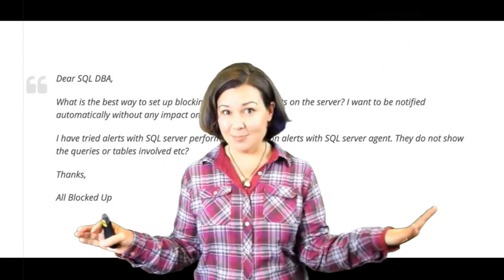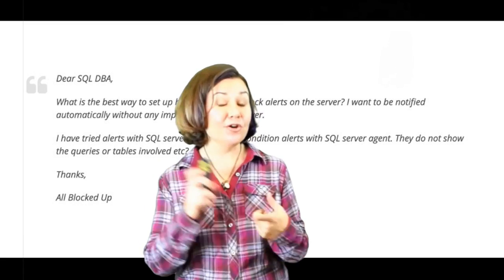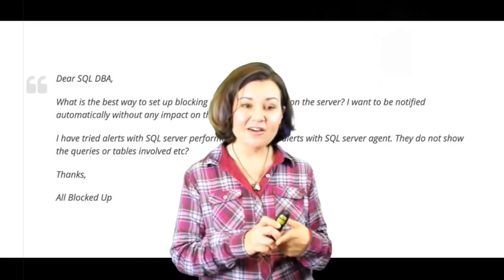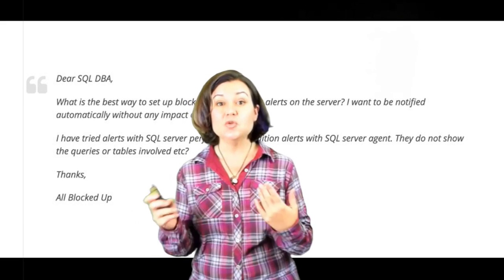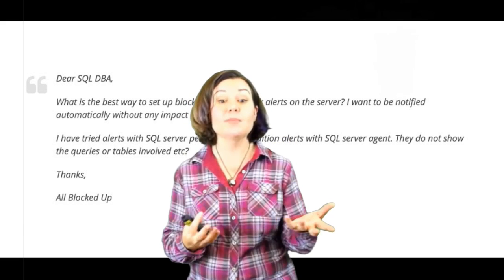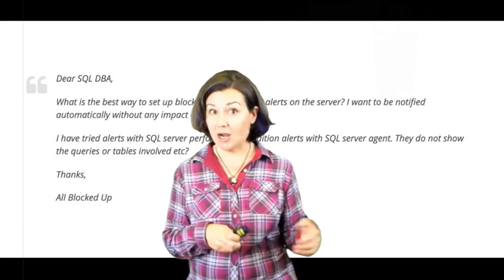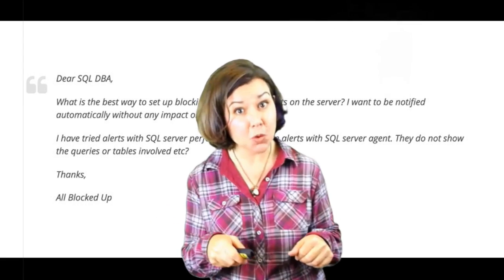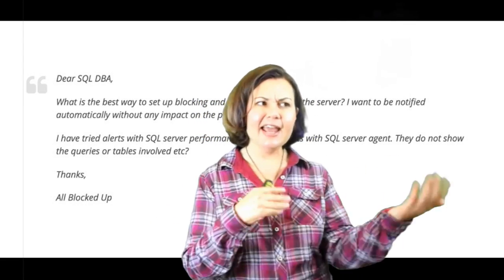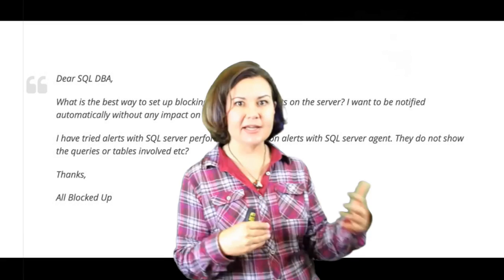So quick recap of everything we've talked about. For notifications, I love those simple light alerts in the SQL Server Agent using the performance alert for the number of processes blocked. I like the built-in blocked process report to say, hey, who's involved in the blocking? Who's blocking who?